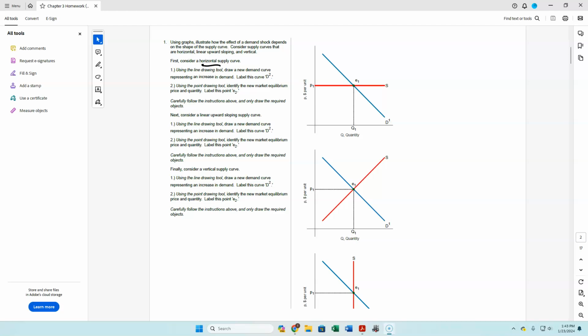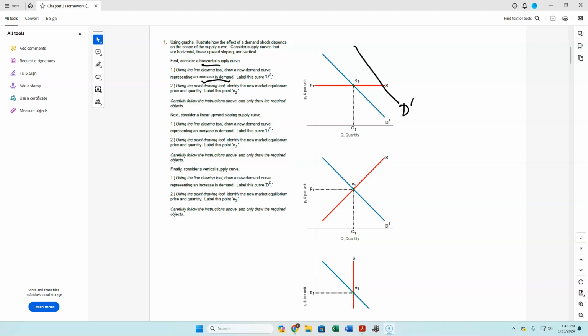you're dealing first with the horizontal supply curve, and you are, in this case, increasing the demand. So here what we would see is that if I increase the demand curve, we'd get none of that change in the price because our supply curve is horizontal, but we'd obviously get all that change in the quantity.